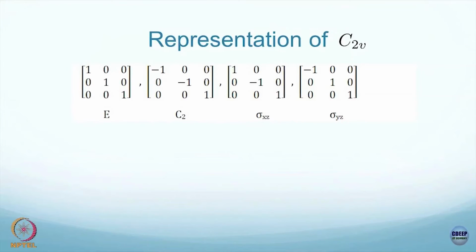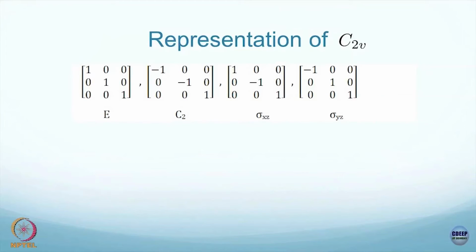is a 180 degree rotation which will change x to minus x, y to minus y. So, the matrix will be having minus 1 in the first two, and then for C2, the z axis is unchanged.